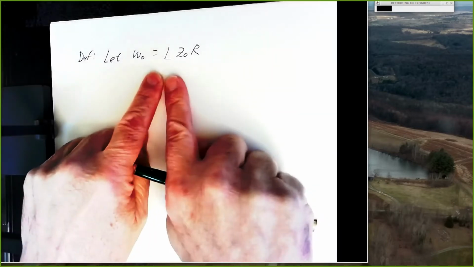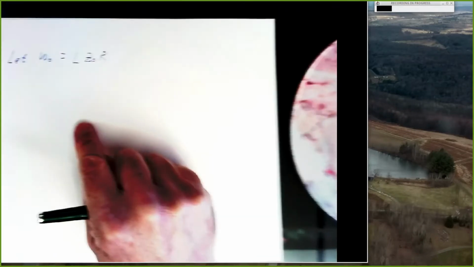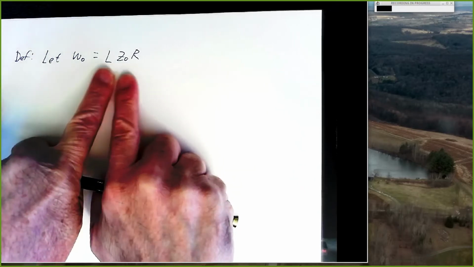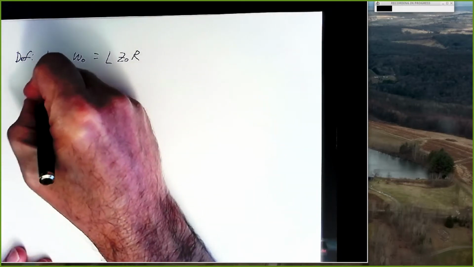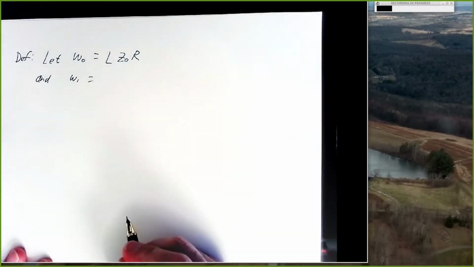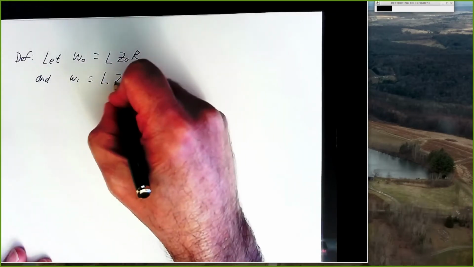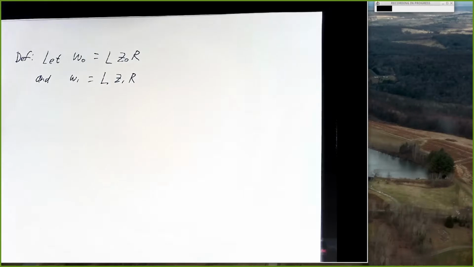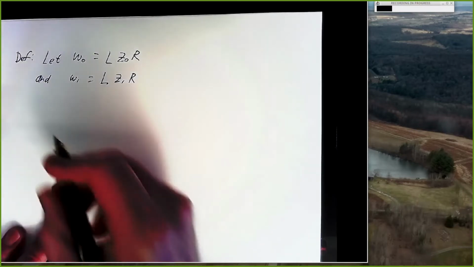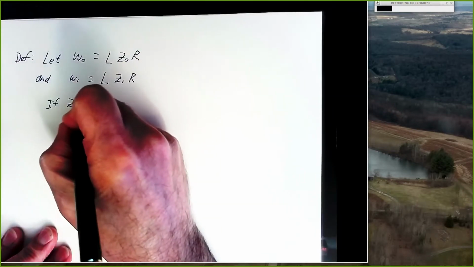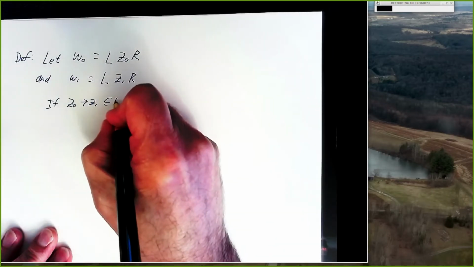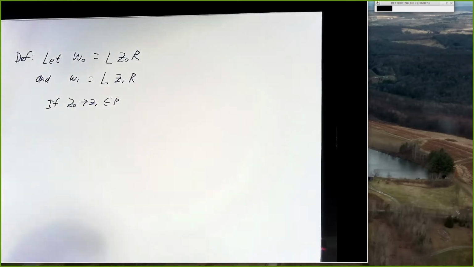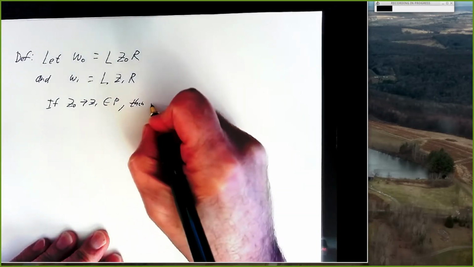All of these are just symbols for strings. And suppose W1 is another string, which consists of the same stuff on the left, some different stuff in the middle, and then the same stuff on the end. Alright, so if there's a rule changing Z0 to Z1, in other words, if Z0 changes into Z1 is a member of the set of production rules, then we have the following definition.